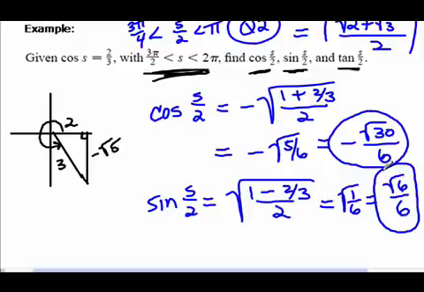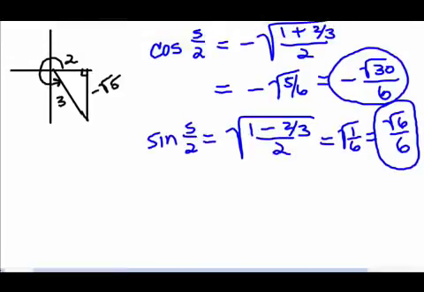Again, it's completely up to you. You know you have these formulas for tangent of S over 2, right? However, I take the approach, hey, I got sine and cosine looking right at me. Let's just divide them. So tangent of S over 2, I'll think of it as being sine divided by cosine.